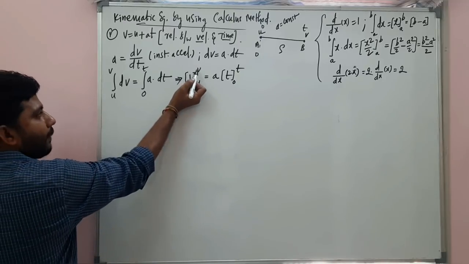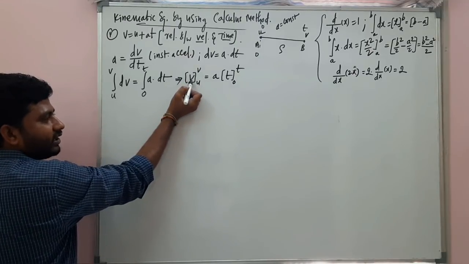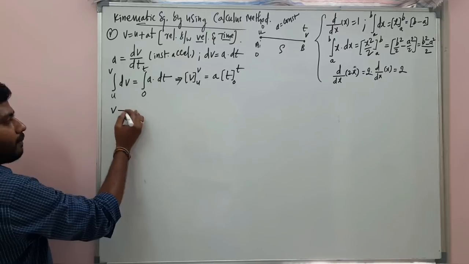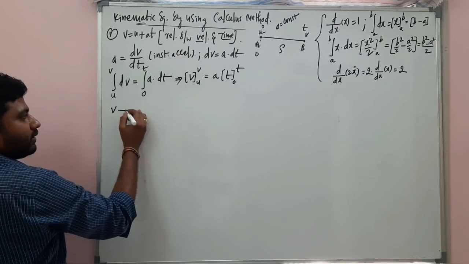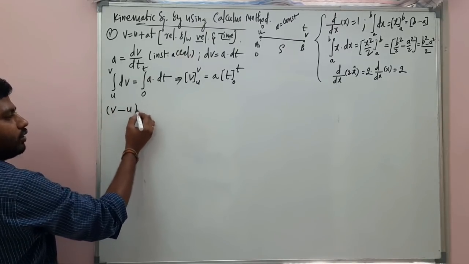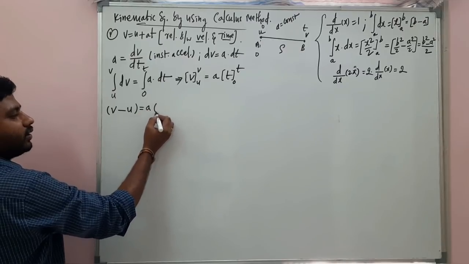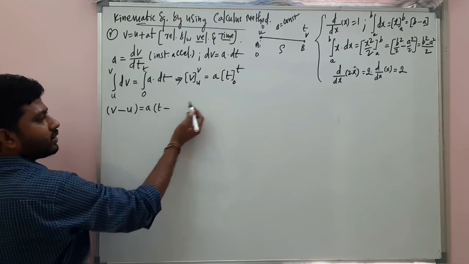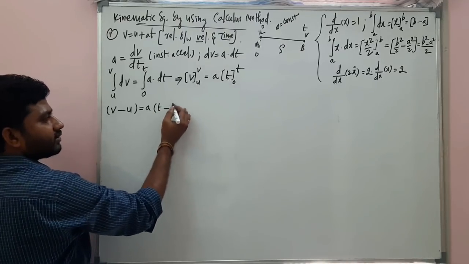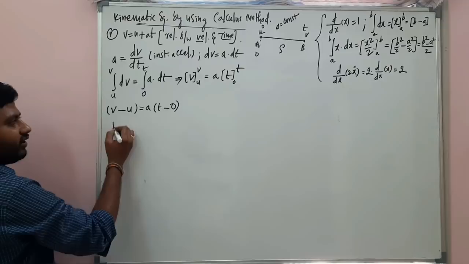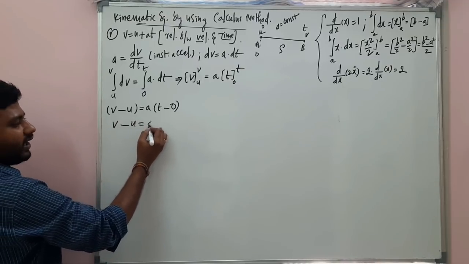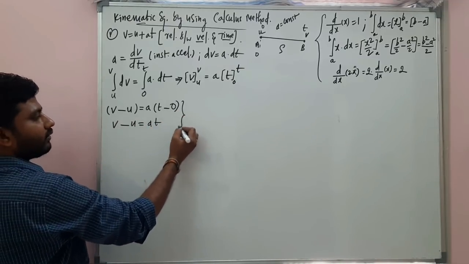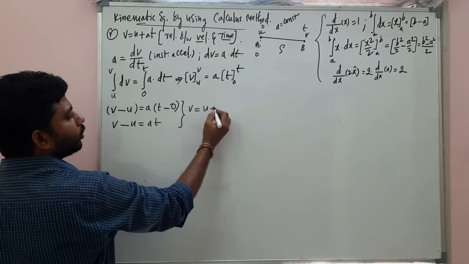The upper limit is substituted in place of v, minus the lower limit, so v minus u, equals a into the upper limit substituted in place of t, minus the lower limit 0. So v minus u is equal to at. From here, v is equal to u plus at.